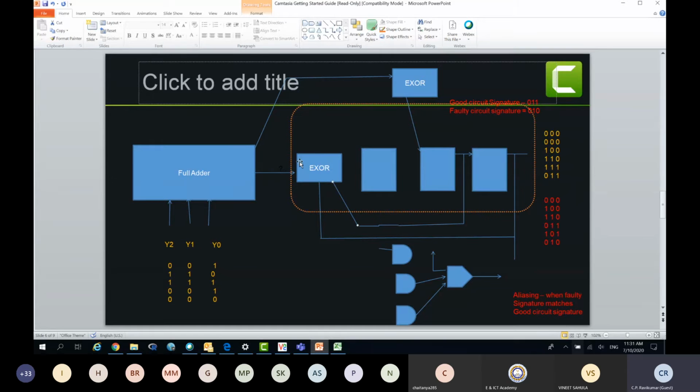And this and sum. This and one of the inputs is XORed and sent here, and this and the other output. This is my XOR gate. Okay, I should use this.